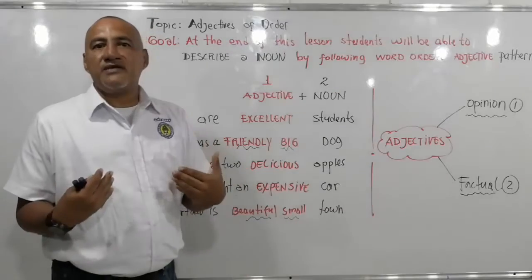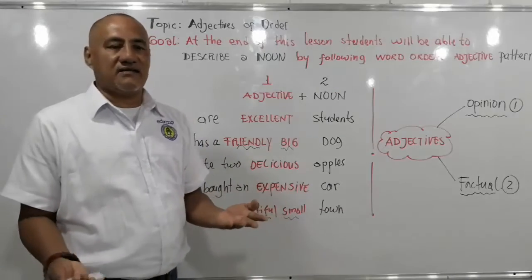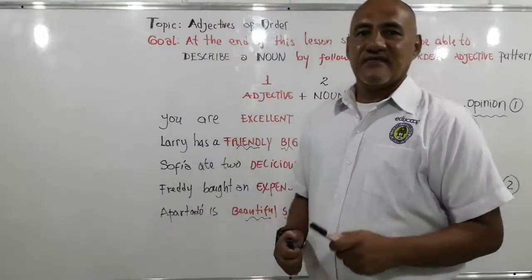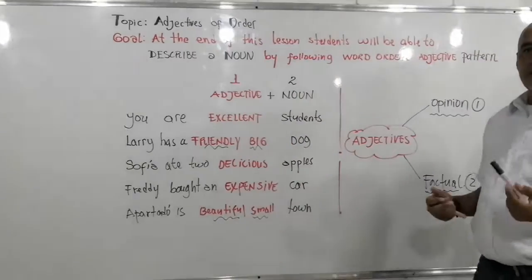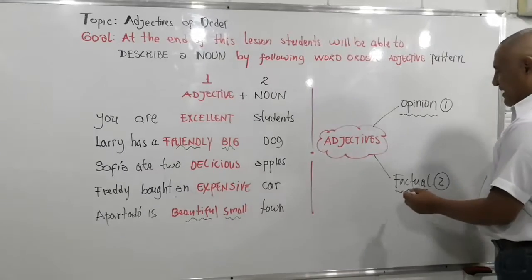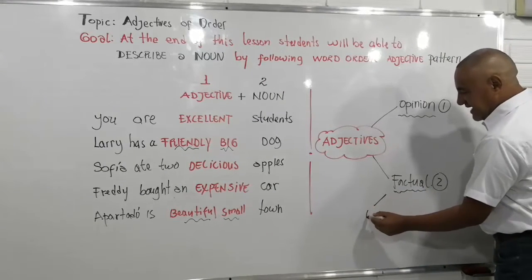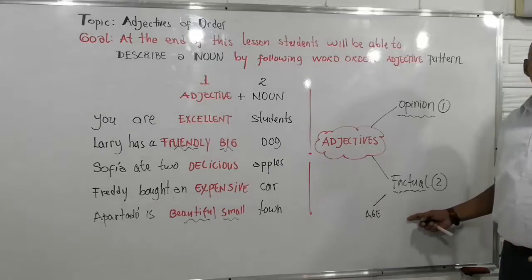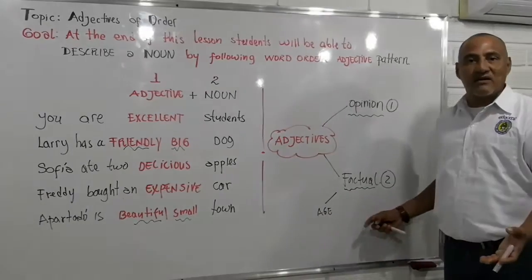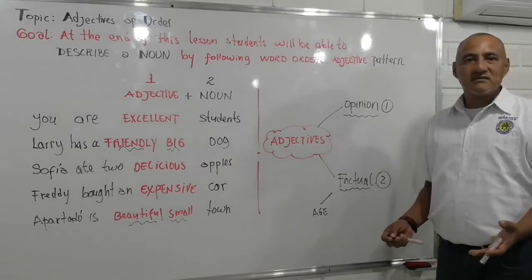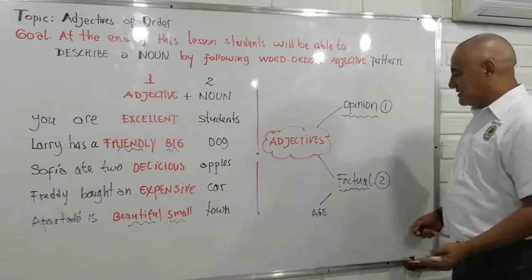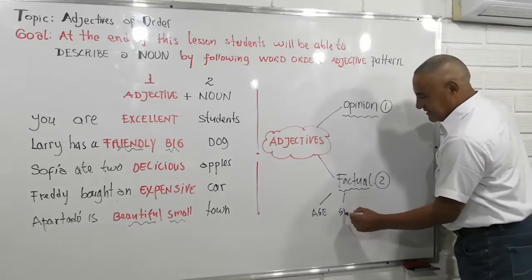Es nuestra propia opinión acerca de algo o alguien. All right? And factual adjectives give us information about the age, nos da información acerca de la edad de alguien o algo: old, young, new.